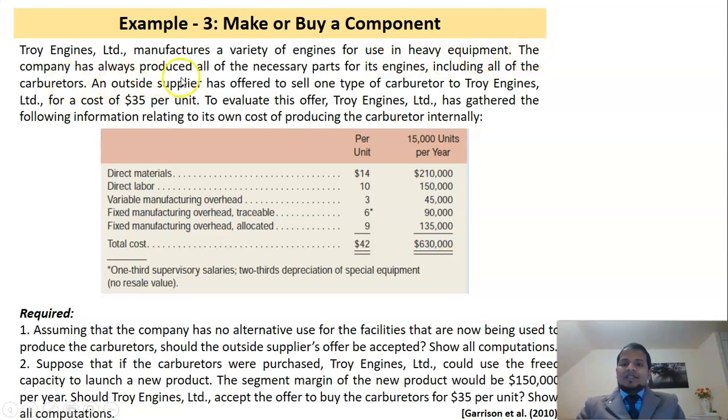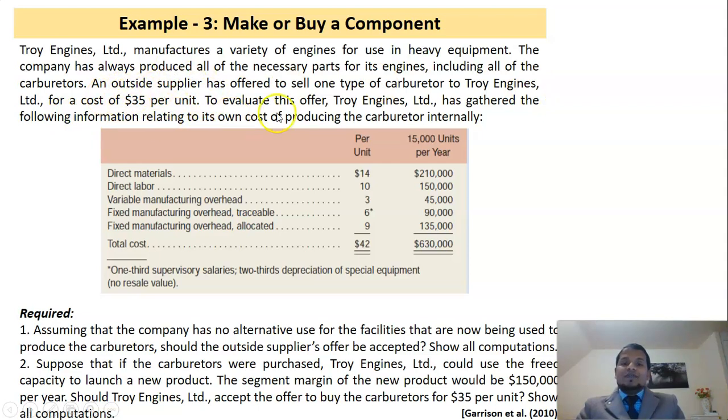The company has always produced all of the necessary parts for its engines, including all of the carburetors. The outside supplier has offered to sell one type of carburetor to Troy Engines Limited for a cost of 35 per unit.